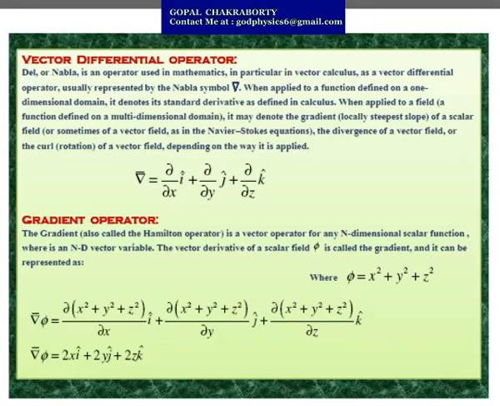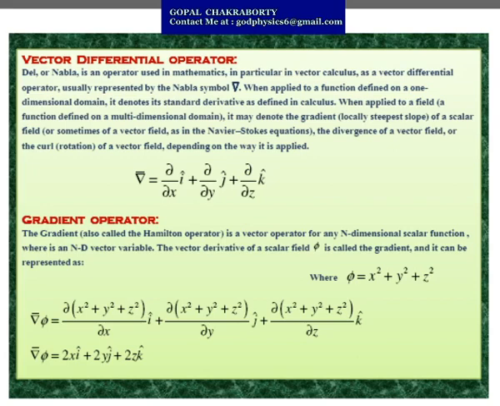Now, as per the operation of the vector differential operator, I will discuss why it is called the gradient operator, why it is called the divergence operator, and why it is called the curl operator. One by one. First one is the gradient operator. When this vector differential operator operates over some scalar quantity, and your result is a vector one, then that operator will be called the gradient operator.